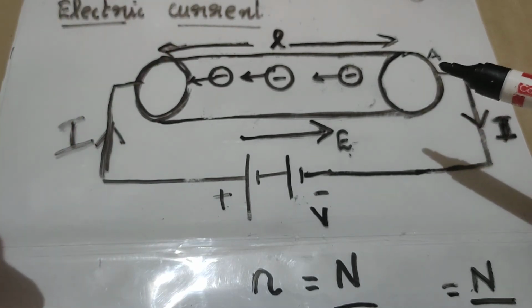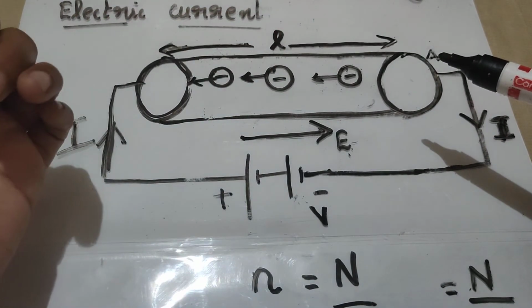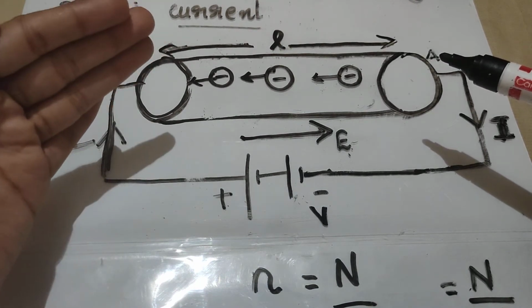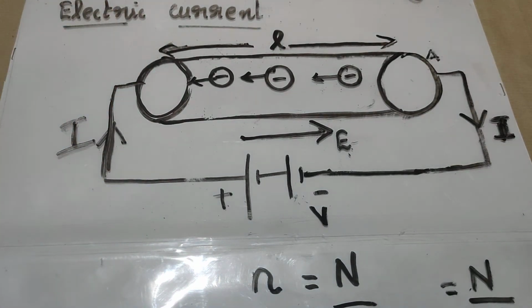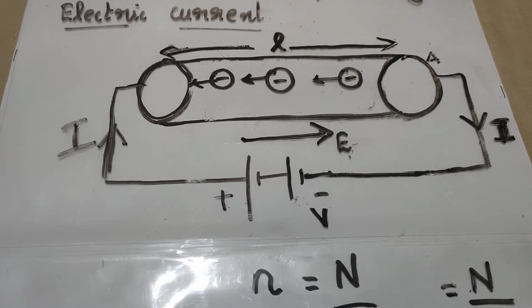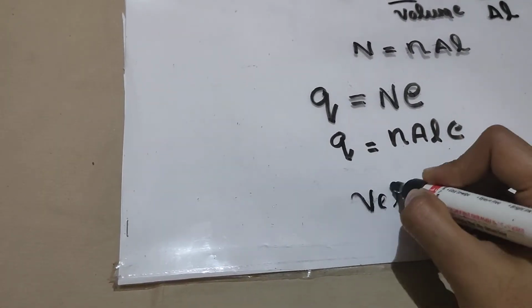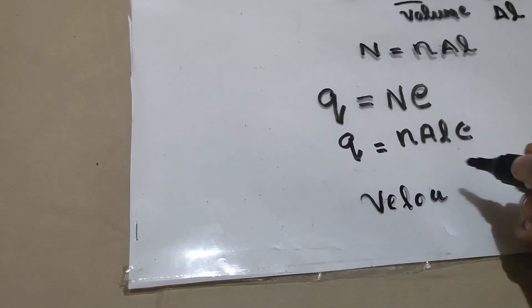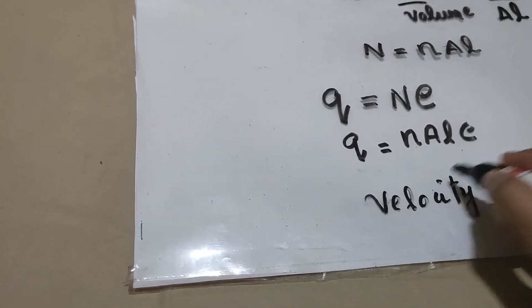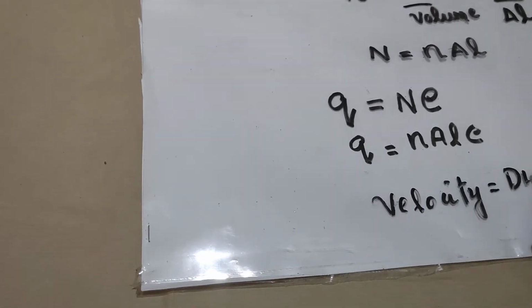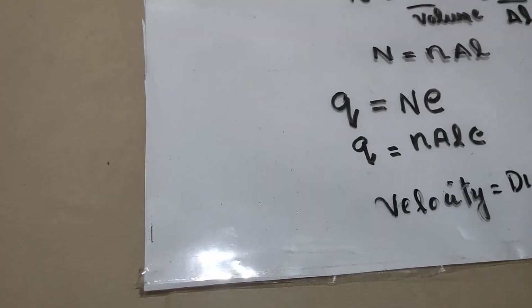All the electrons are traveling with drift velocity Vd, and we have the equation for velocity: velocity is equal to displacement by time.